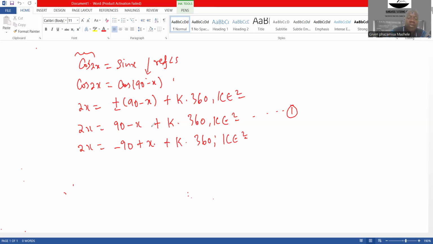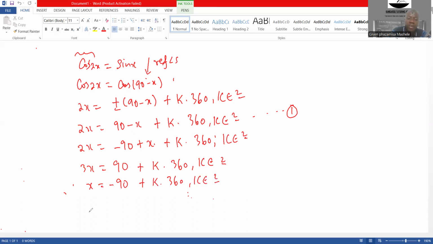Now from here, since we have this expression, this becomes 3x equals 90 plus k times 360, where k is an element of integers. For the second one, we expand, so we have 2x minus x. This gives us x equals negative 90 plus k times 360, where k is an element of integers.